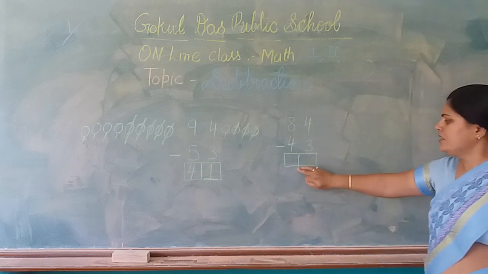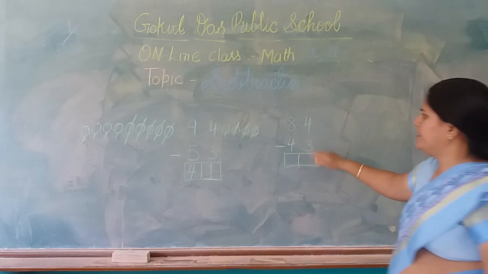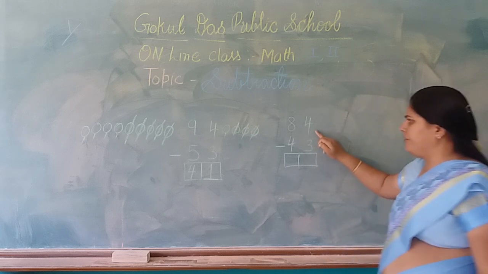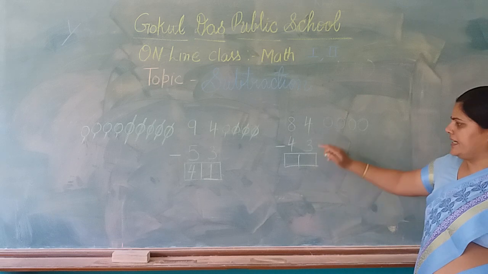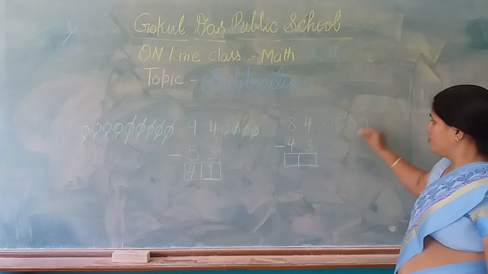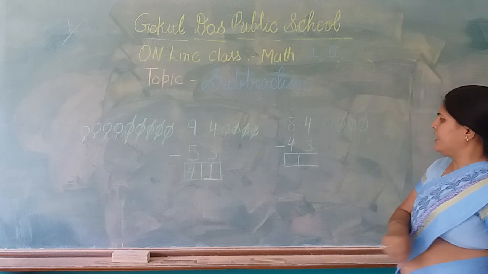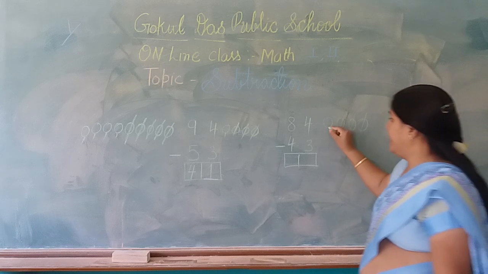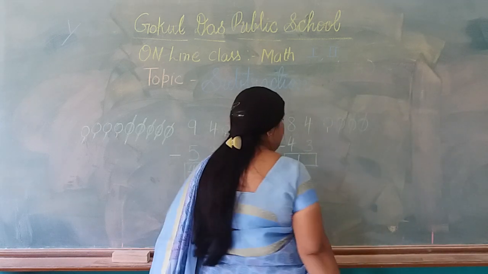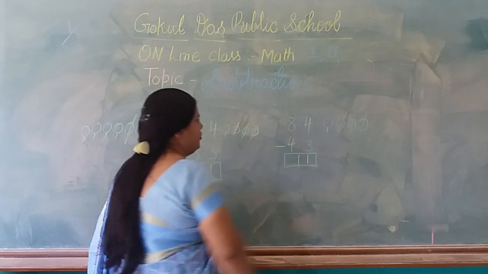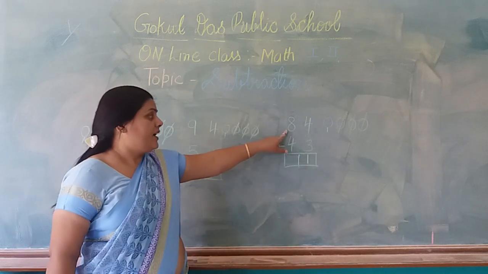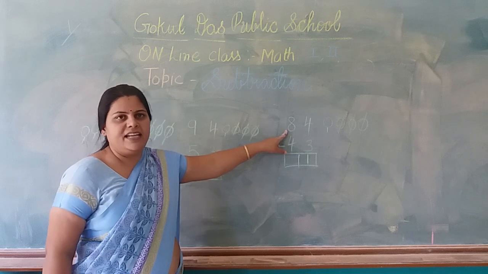Again, one more sum I will solve for you here. Again, we have number 4, so we will draw 4 circles. And downside we have number 3, so I will cut 3 balls. Only one ball remains over here, so I will write number 1 over here. Then again, I have number 8 over here.